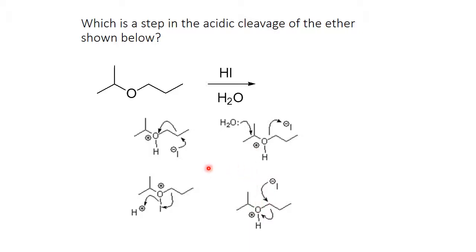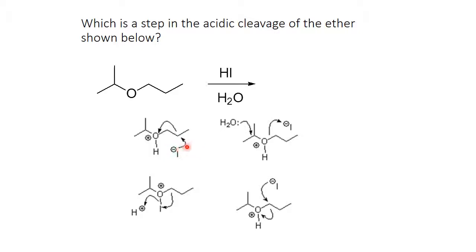Once it's protonated, what happens? You're going to go to the less hindered carbon and you're going to have nucleophilic displacement. So what are we going to see? We're going to see the nucleophile diving in, taking its electrons and diving into this carbon, because that's where nucleophilic displacement has to go.